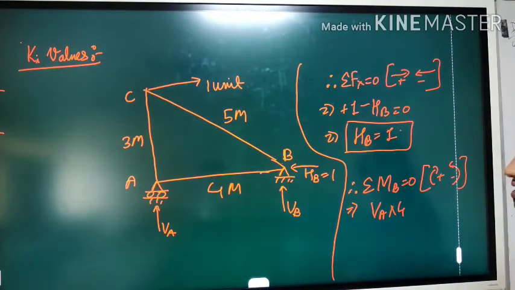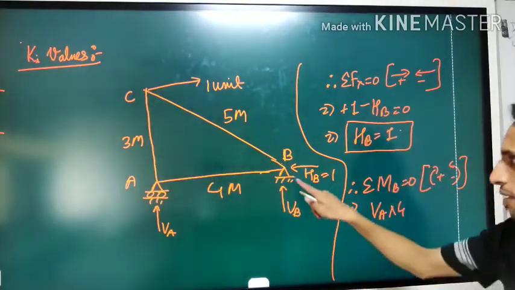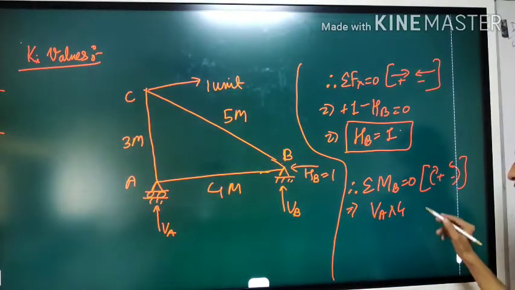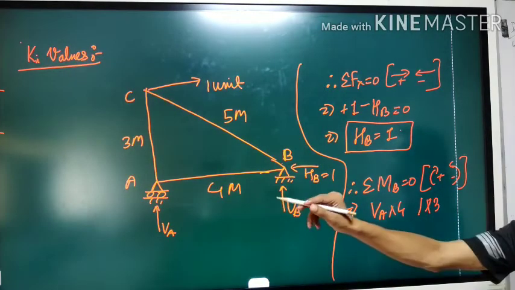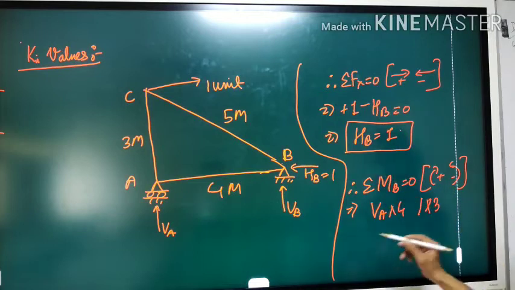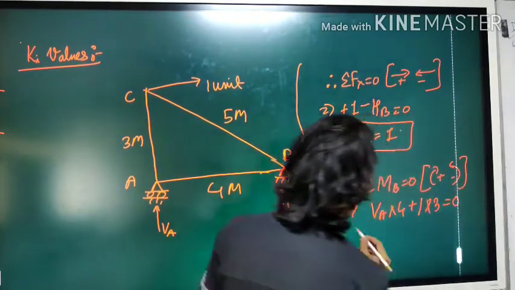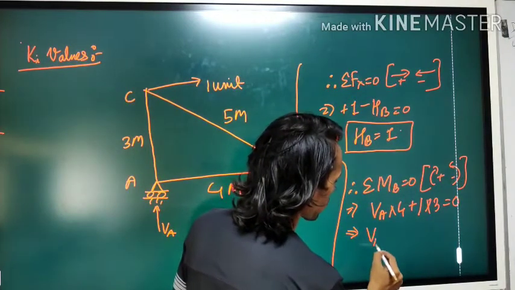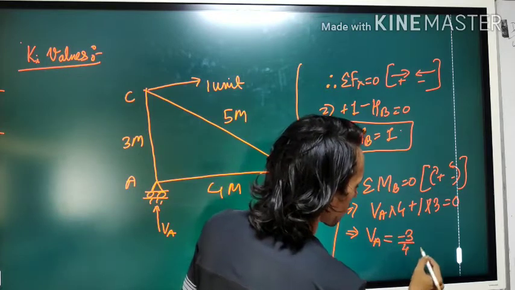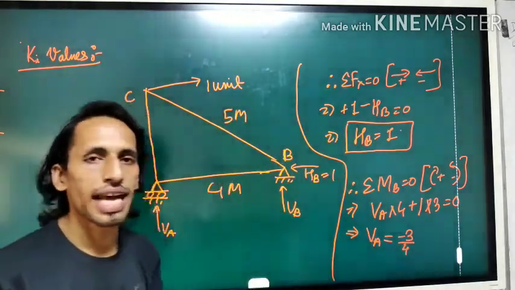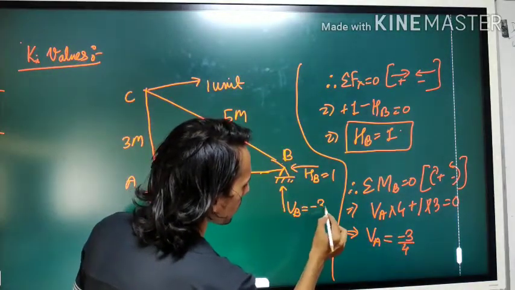Then what other force is there? 1 unit. What is the perpendicular distance? 3 meter for point B. So 1 unit, perpendicular distance 3. What is the direction? It is clockwise, so positive, equal to 0. From here you will find that VA comes out to be minus 3 by 4.